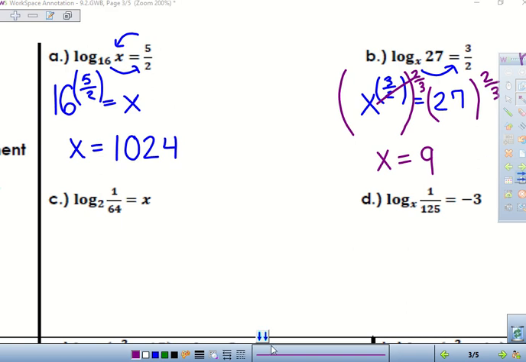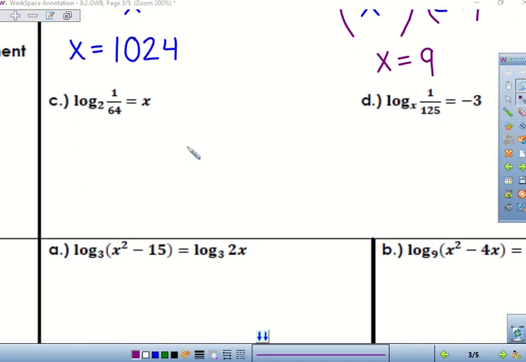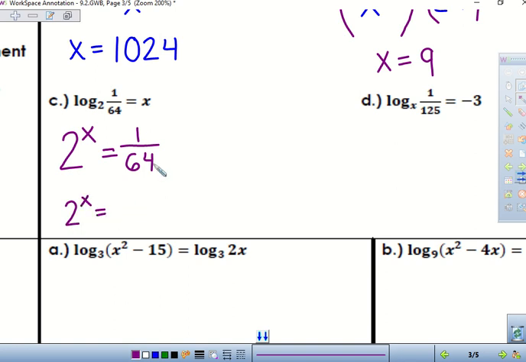All right, next one. How can we rewrite C exponentially? 2 to the x is equal to 1/64. In this case, we're going to have to use our logic. We know that we can rewrite 1/64 as 64 to the negative 1 power, and we can rewrite 64 as 2 to the 6th.